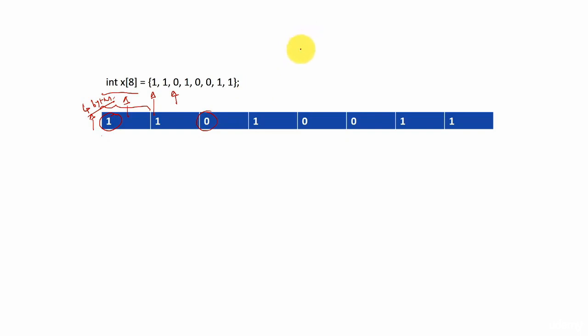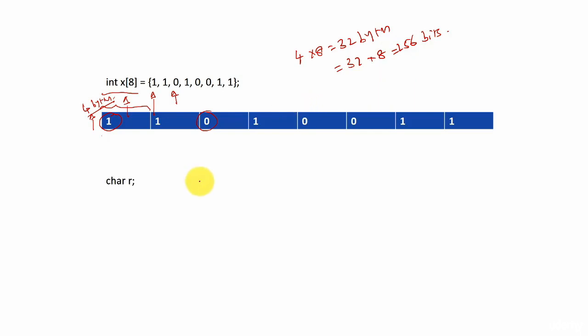The total size of this array is actually 4 times 8, that is 32 bytes. That means 32 times 8, each byte is of 8 bits, that's 256. 256 bits are used for keeping 8 Boolean values, where 8 bits are just sufficient. So there is a huge amount of memory that is used for keeping the Boolean values there.